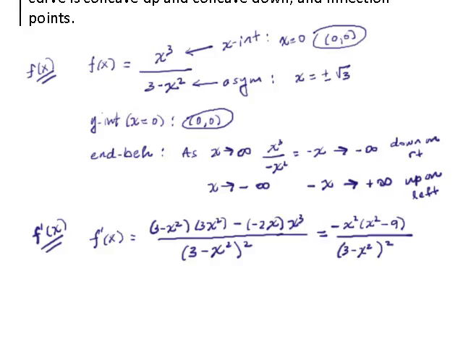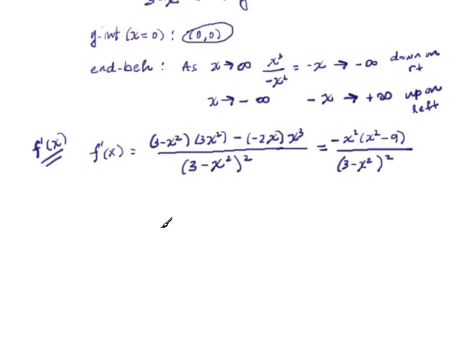All right, now to do our plus minus analysis of f prime, we're going to put zeros of the numerator and denominator on the number line. All right, so from the numerator we have 0 and 3 and minus 3. And from the denominator we have square root 3 and minus square root 3.